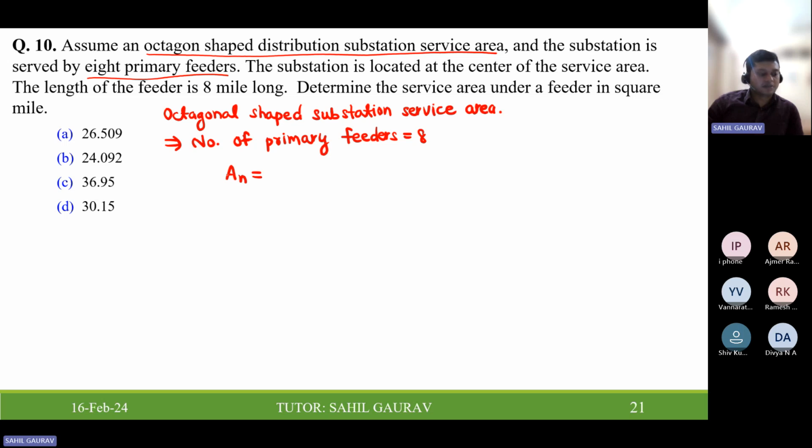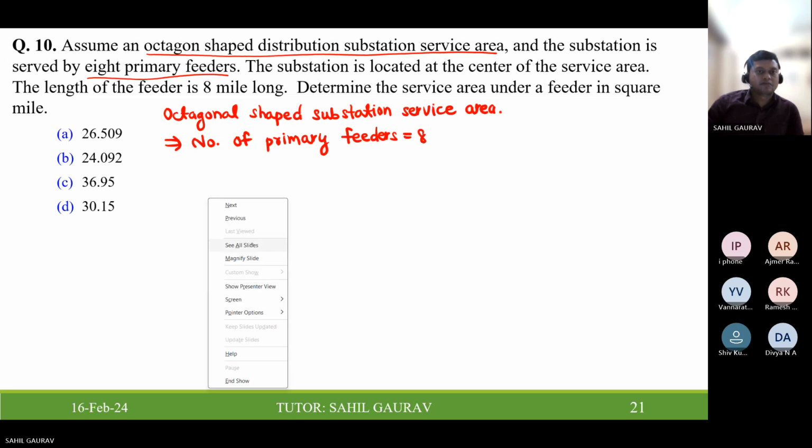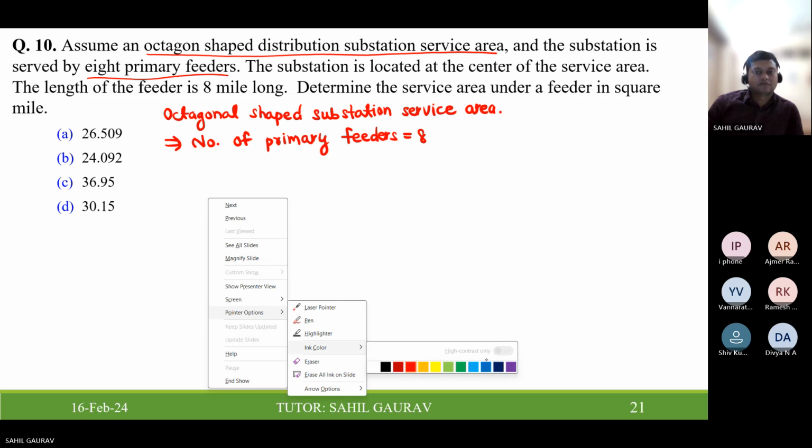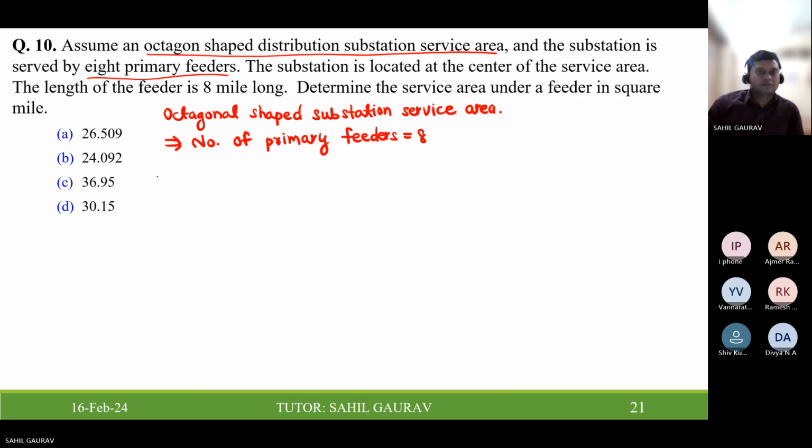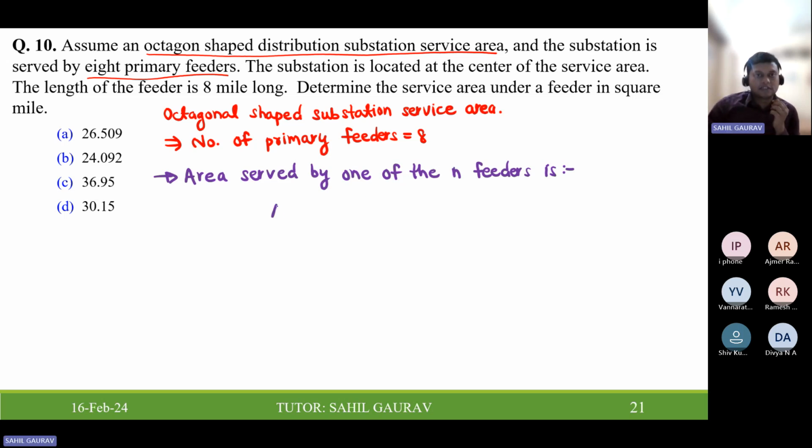AN is the area served by one of the N feeders. The AN expression is Ln square into tan theta, right?